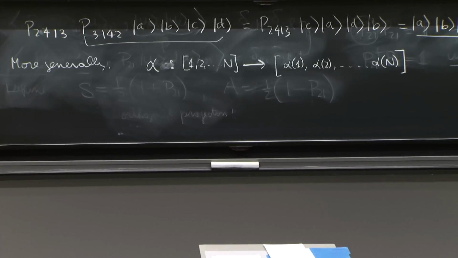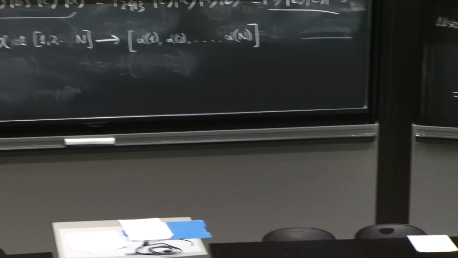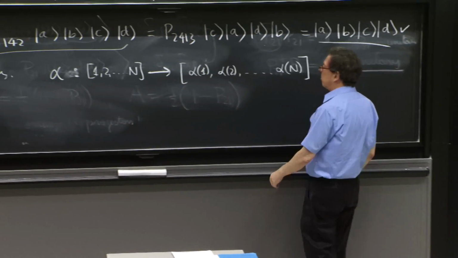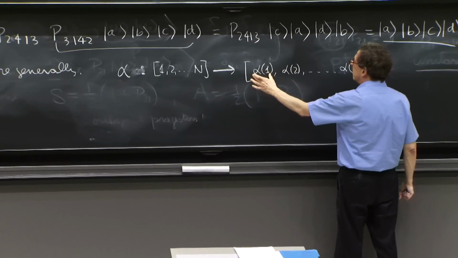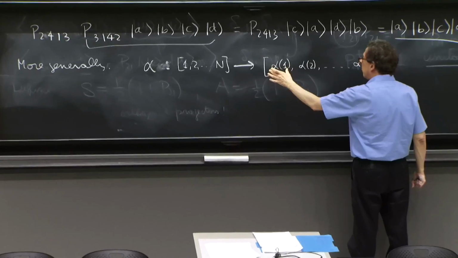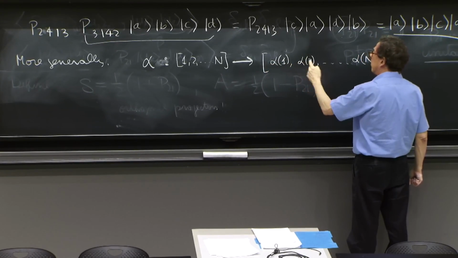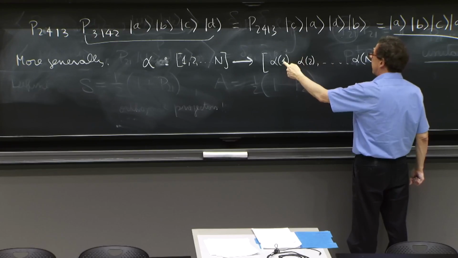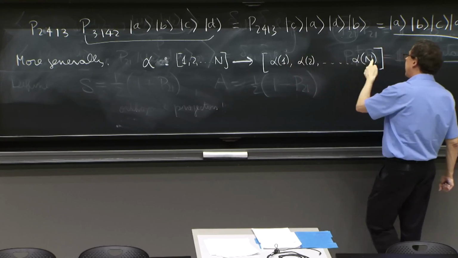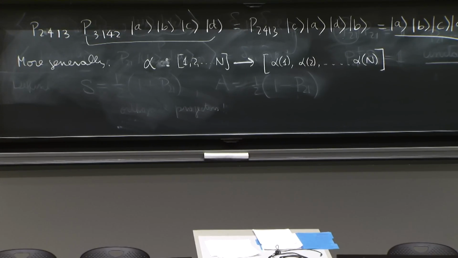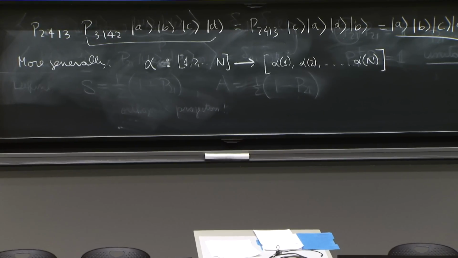So think of a permutation as taking n integers and rearranging them. The new first index is going to be alpha of 1, then alpha of 2. Alpha is a rule that takes the n integers from 1 to n and reshuffles them.